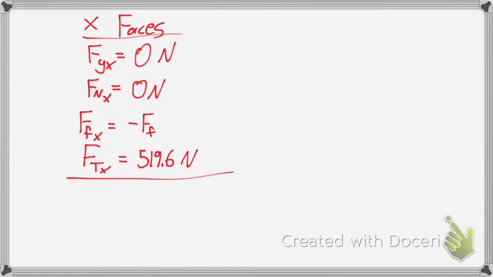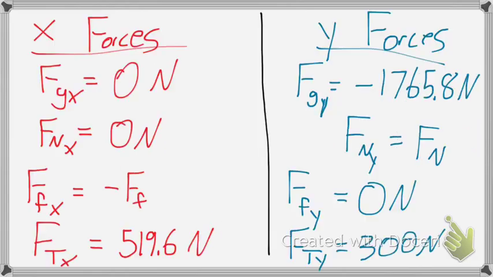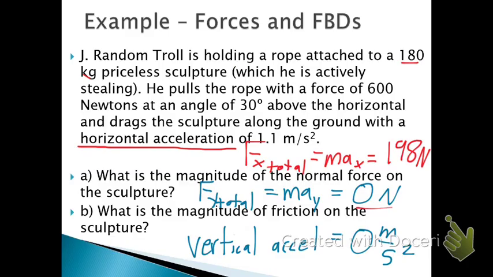When I add all of these together, I get 0 plus negative force of friction plus 519.6. So my grand total is 519.6 newtons minus the force of friction. And I know my grand total is also mass times acceleration in the x direction. And that came to 198.